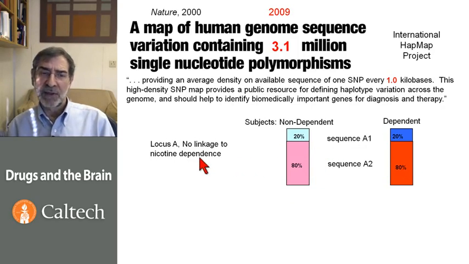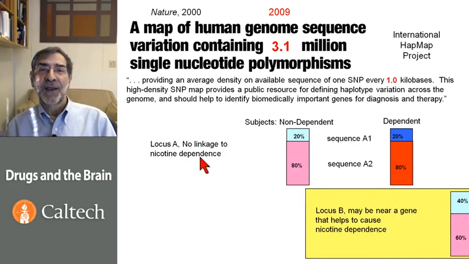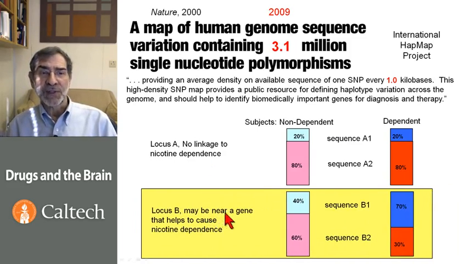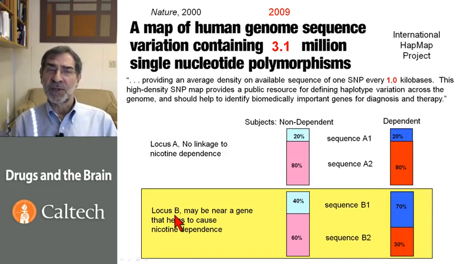And so we would say there is no linkage between this locus and nicotine dependence. But at another hypothetical locus in the genome, non-dependent people have 40% sequence B1, 60% sequence B2, but in dependent people, the distribution between B1 and B2 is different. So this means that locus B may be near a gene that biases the distribution and helps to cause nicotine dependence.